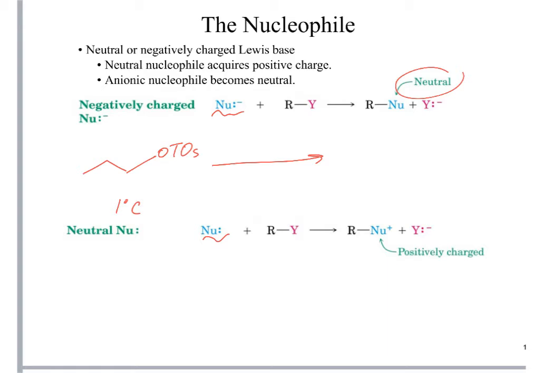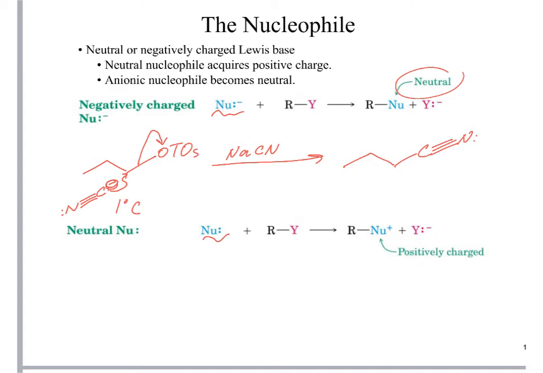So if I add the nucleophile in the form of sodium cyanide, then my nucleophile will attack the carbon from the backside. Tosylate will be expelled, giving me a nitrile product. So starting with a negatively charged nucleophile, I end up with a neutral nitrile product.